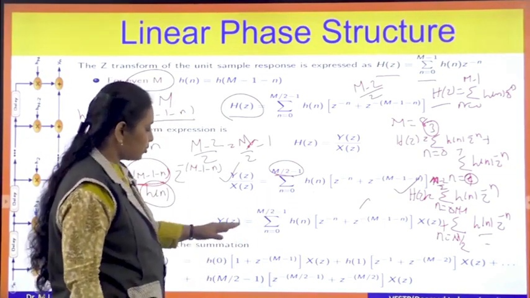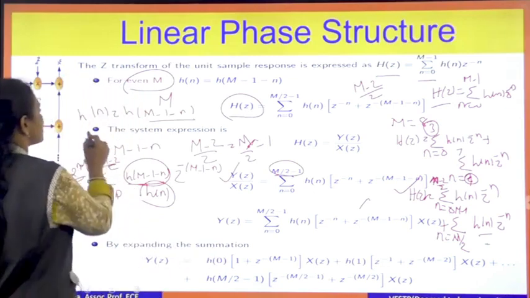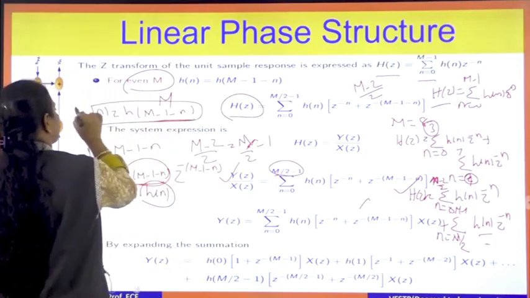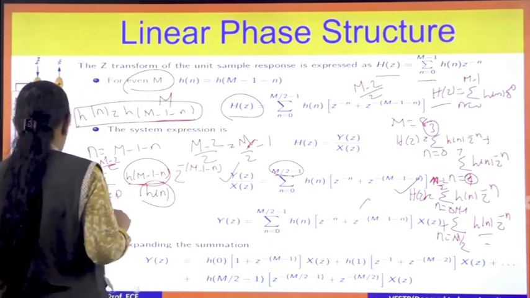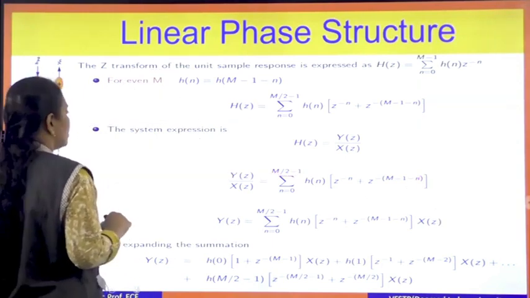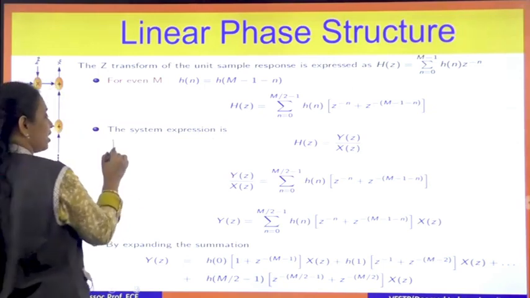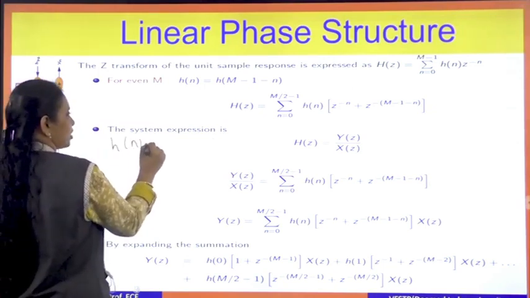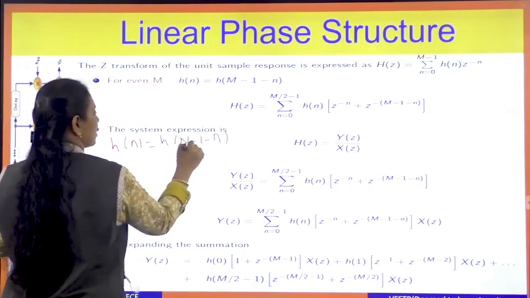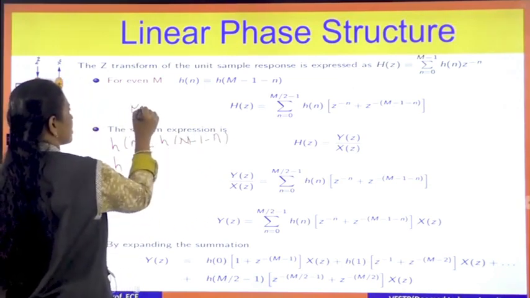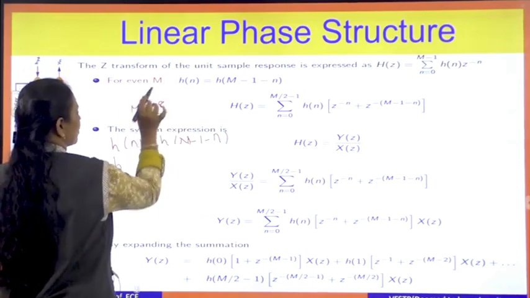And I have also taken the symmetrical impulse response formula. For the symmetrical impulse response formula, we know that h of n equals h of (M minus 1 minus n). M is 8, it is for even.